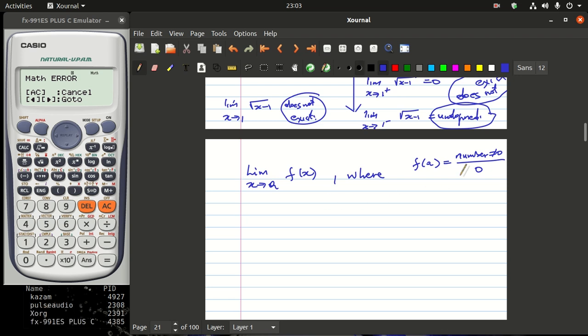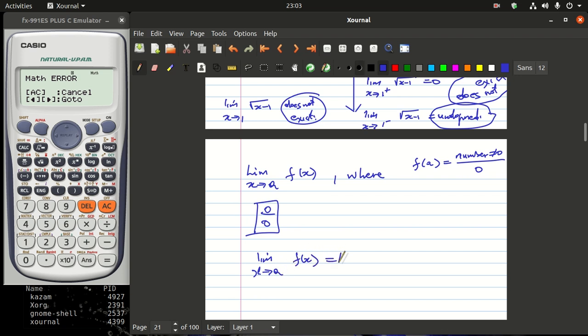Remember we talked about a 0 over 0, and when we're dealing with that, what is important is that you factorize. If you can't factorize, rationalize. If those two cannot be done, then you have two other methods that we haven't done. And we also talked about the limit as x approaches some value a of f of x.